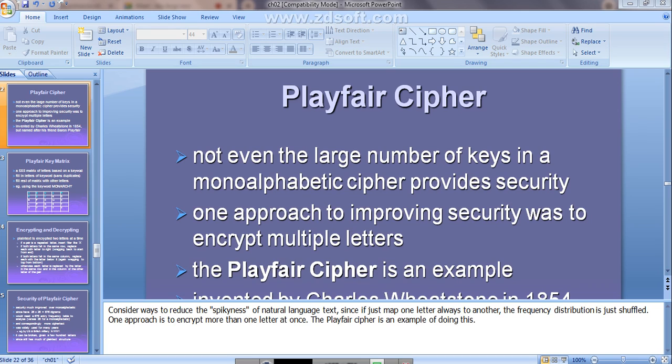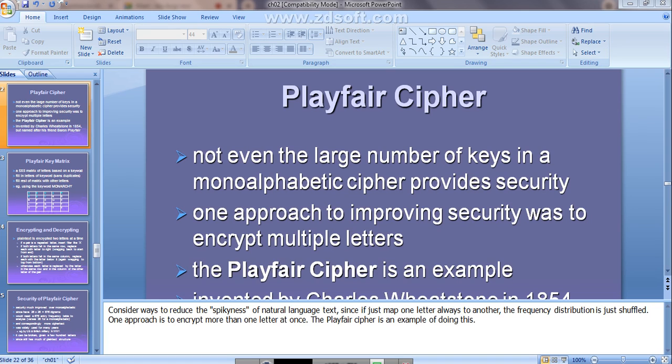In the first two techniques, you replaced a single letter at a time. But here, multi-letter means you are going to replace multiple letters with other letters. So it is one of the best known multi-letter encryption techniques, and it is more secure compared to the monoalphabetic Caesar cipher we have studied.